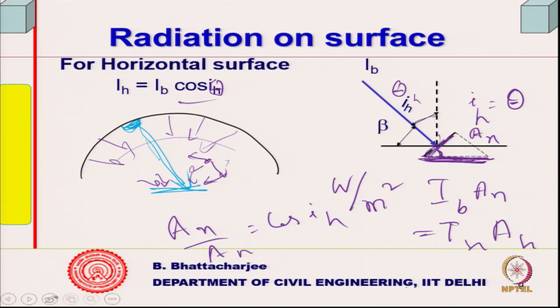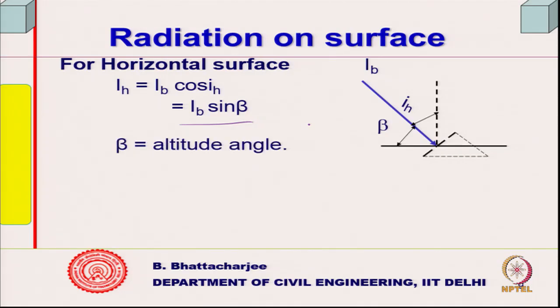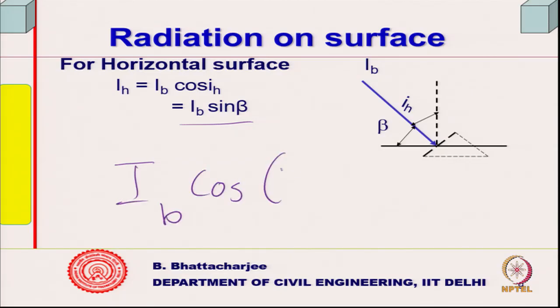So, I_B cos I_H, this is the cosine law, simple as that. On a horizontal surface, in this particular case it will be sin beta, because this is 90 degrees minus beta. So, I_B sin beta on a horizontal surface. For any other surface it will be given as I_B cos of the incident angle.